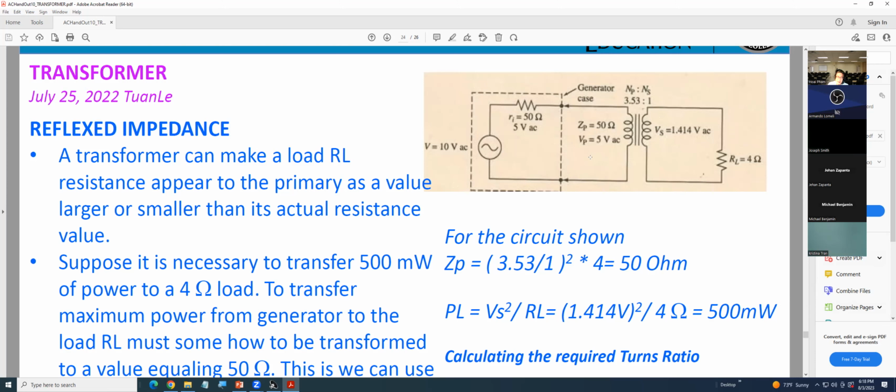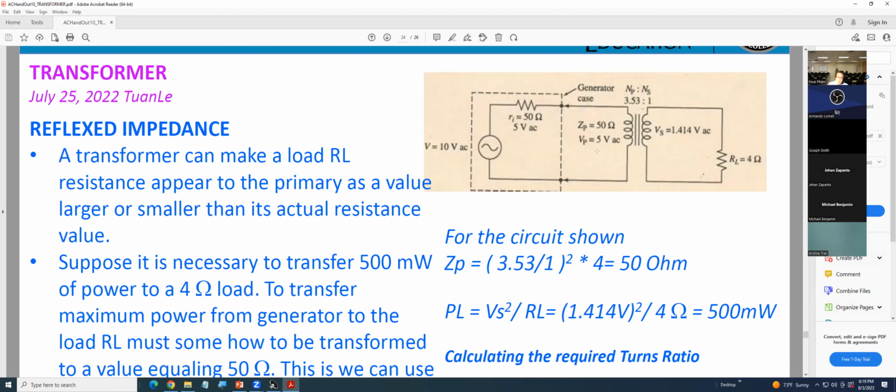Basically, you can see if they try to get the ratio 3.53 to 1, first thing you can get is GP, that means the impedance of the primary, and you get 50 ohm impedance, and this is 50, so the voltage now will be a voltage divider, and you get 5 volt AC.